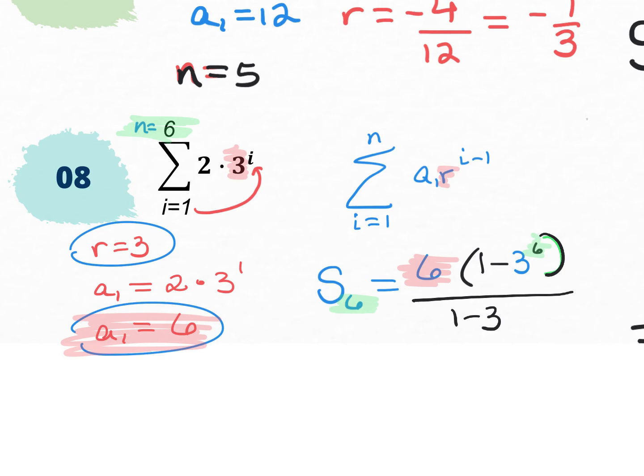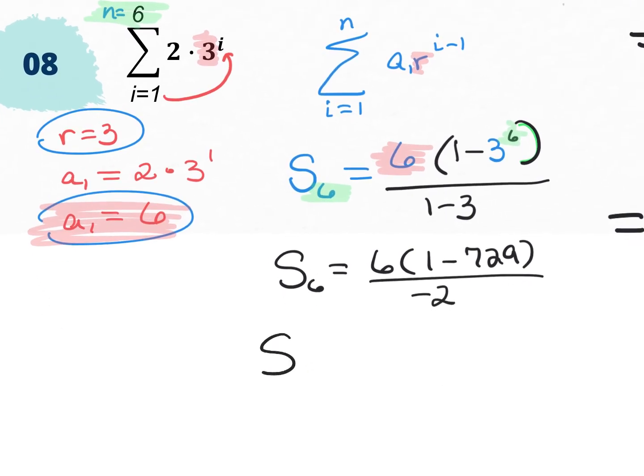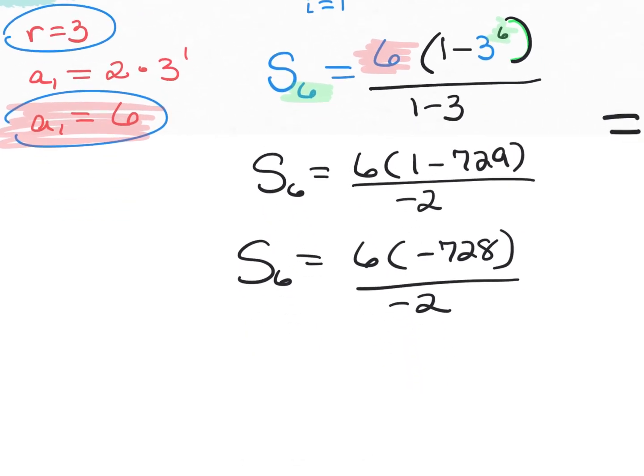So let's follow order of operations. S sub 6, 6 times 1, 3 to the 6th power is 729. I'm going to subtract, so negative 728. And now you can multiply and divide. If you want to simplify, you can, but you don't have to.